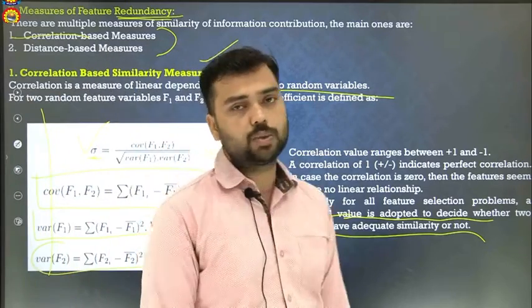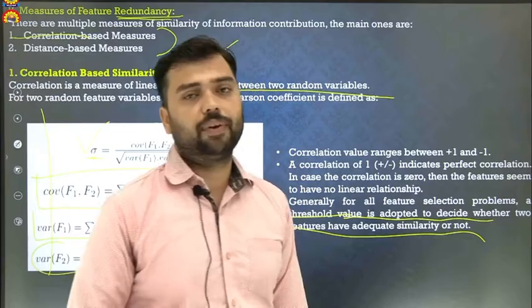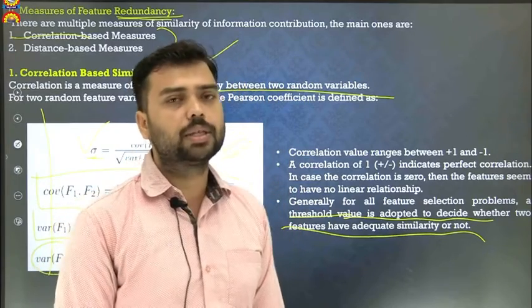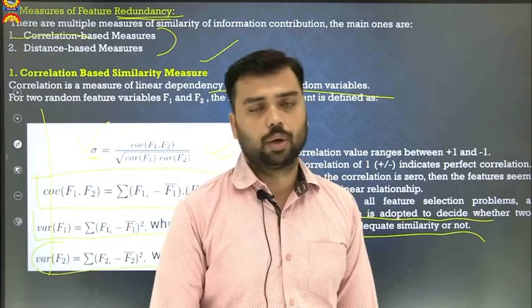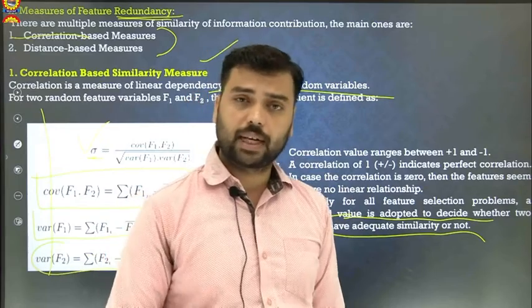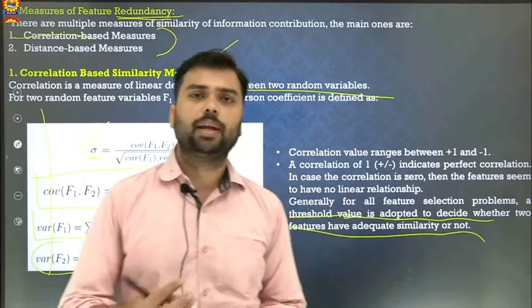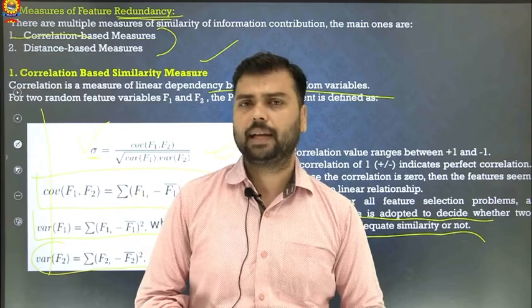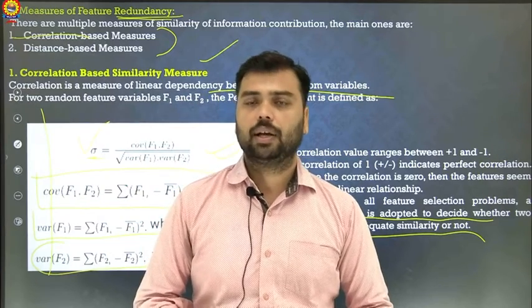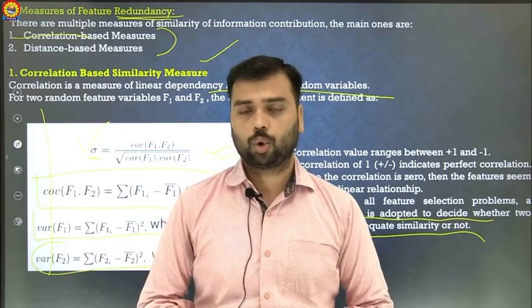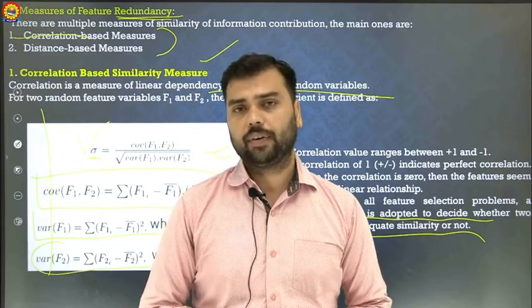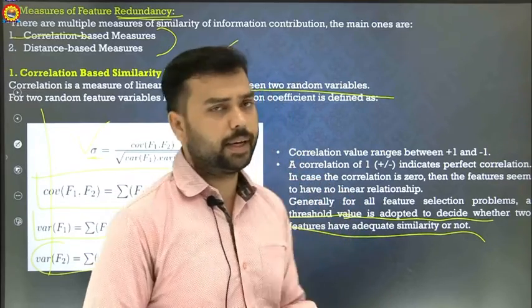If the value is 1, the two variables are correlated, and if the value is apart from that, they are not correlated. We can also set a threshold value, which may be 0.5, 0.8 and so on, and decide whether two particular variables are correlated or not. On the basis of that correlation, we can say two variables are redundant or non-redundant.